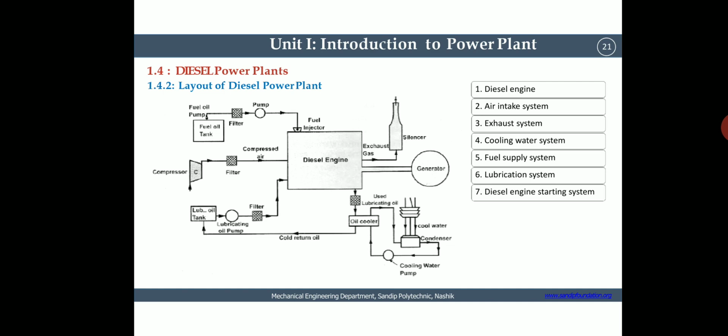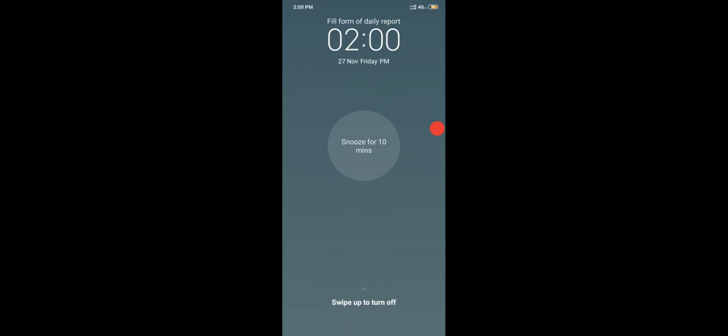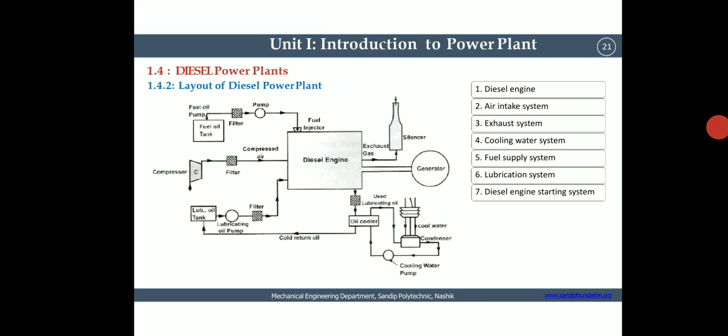After the power stroke, the exhaust gases are moved out of the diesel engine by means of the silencer.